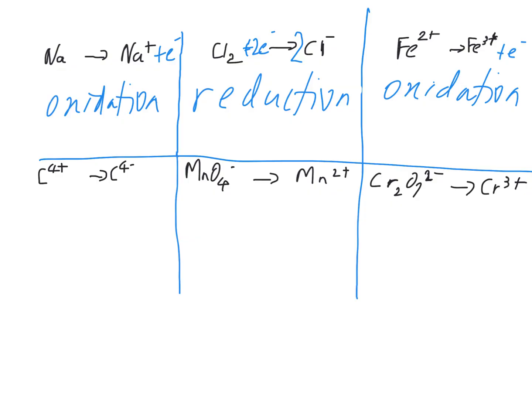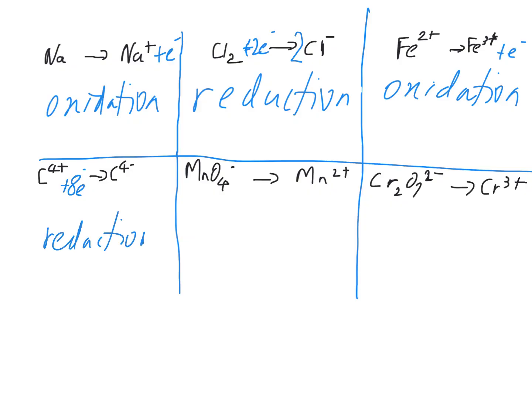That is a difference of 8, technically. So what we're going to have to do is add electrons to bring the charge down. We're going to add them to the left, and we're going to add 8 electrons. And by adding 8 electrons, we make the charge on both sides -4. And this, once again, is a reduction.